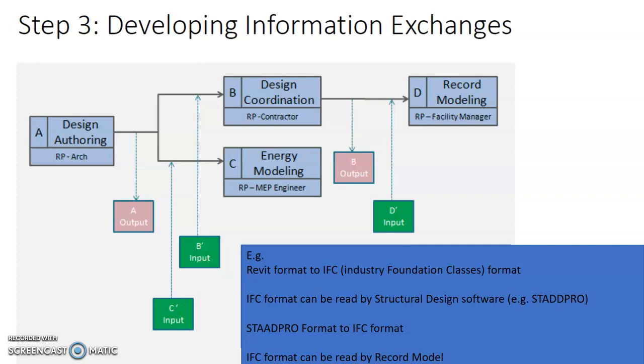So if during the different steps a stakeholder finds out that the output of a particular software platform is not compatible and doesn't come out in the .ifc format, then at least they know that it is going to create a problem downstream, because the output will not be understood by the downstream platforms that need to use that information from the model.